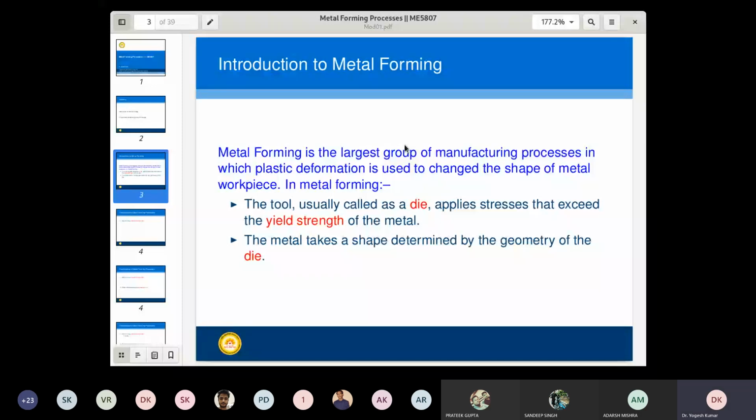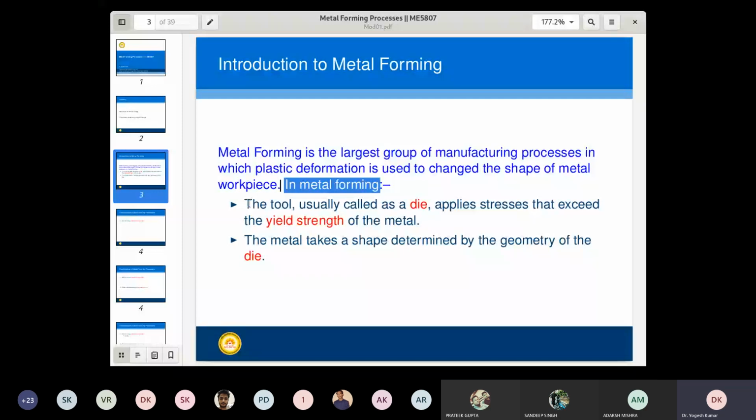This is the introductory part. Metal forming is the largest group of manufacturing processes in which lasting deformation is used to change the shape of a metal workpiece. How is this shape changed? The shape is changed under the action of external forces. How do we apply these external forces?